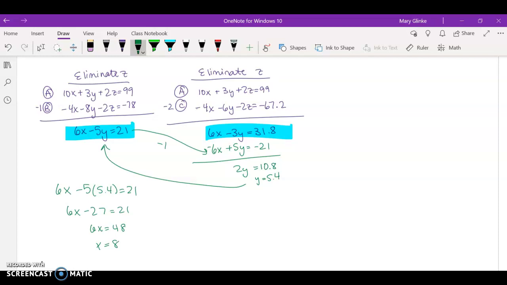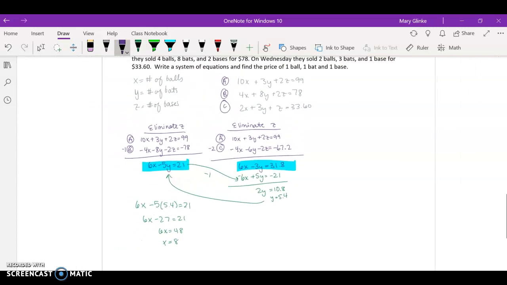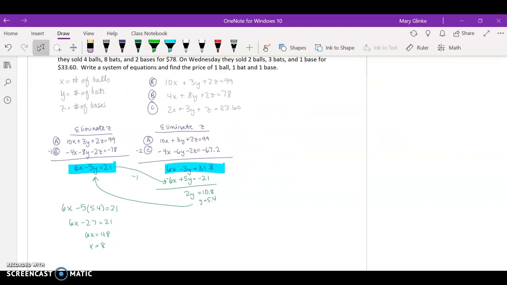And so now I go back and I've found x and y. I'm going to zoom out so we can see. You can pick any equation you want to, and plug in x and y in order to find z. Looking at this one, I think C looks the nicest to me. I'm going to go for C. So I'm going to do 2 times 8 plus 3 times 5.4 plus z equals 33.60.